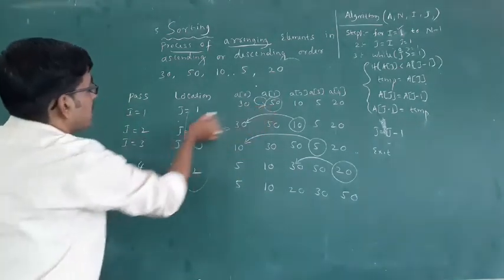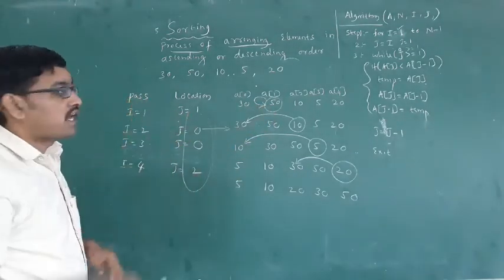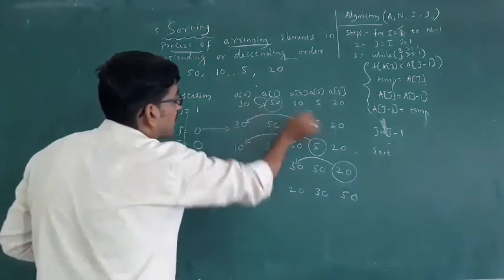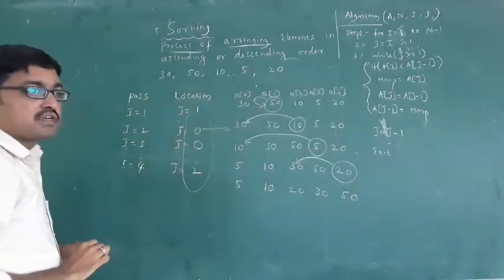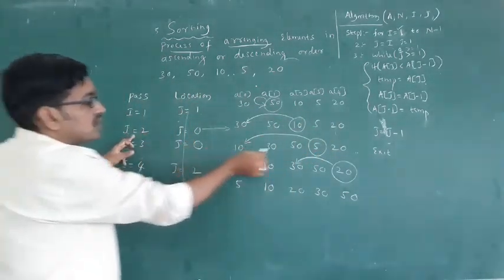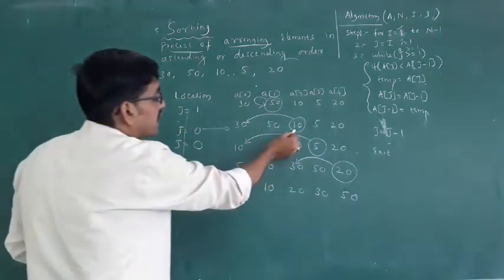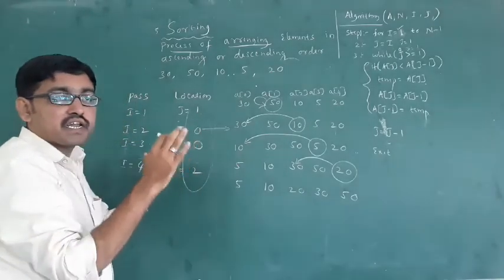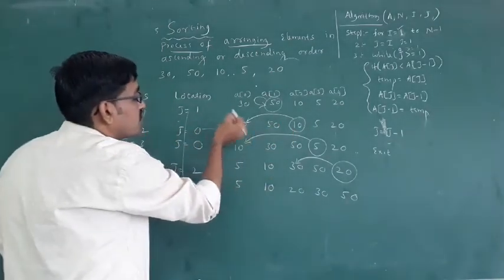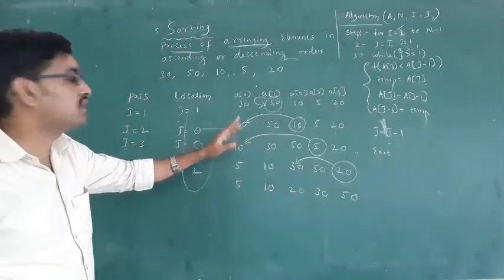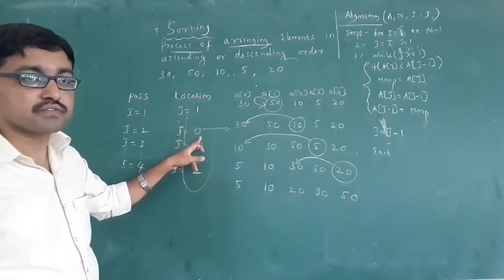That's why I am writing j equal to 1. After that, you have to write the same answer. After that, i equal to 2, just round up a of 2. Round 10, which position is correct for 10? If you put 10 in position 0, the answer comes correctly. Position 0, j equal to 0.